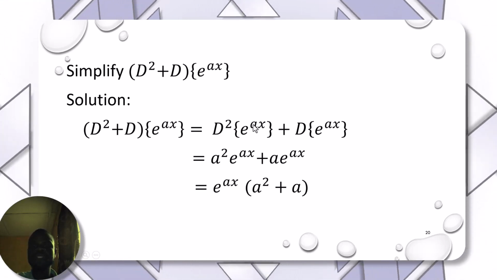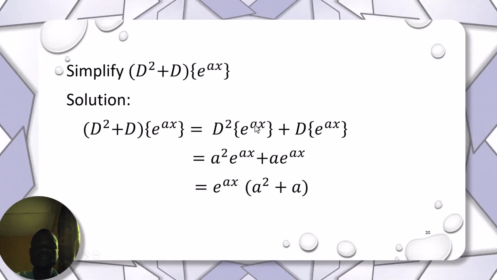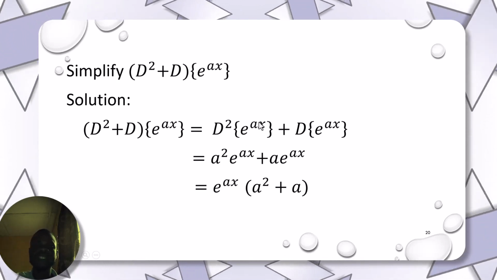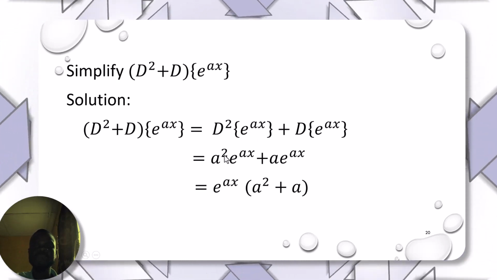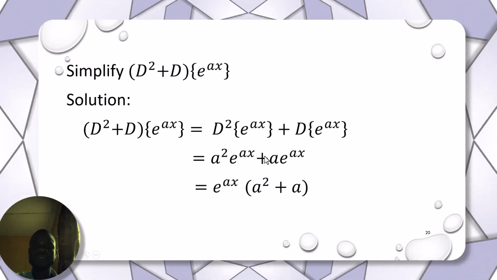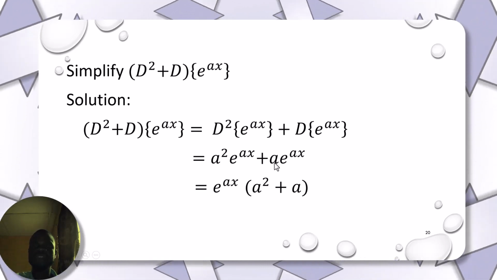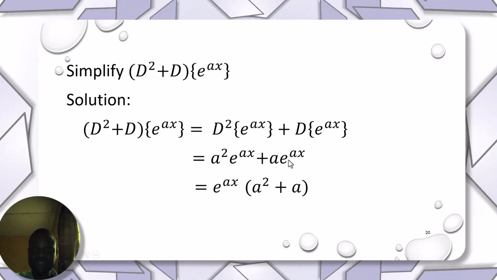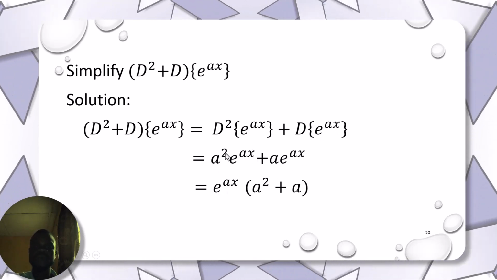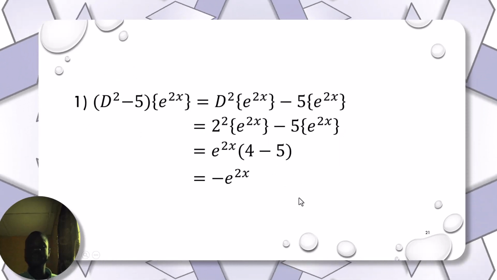If here was 3, I simply replace my D with 3. If here was 10, I simply replace my D with 10. So for this differentiation, I have a squared multiplied by the function, plus this one is just D to the power of 1, so I remove my D and replace it with a. The e to the power of ax is common, so I can bring it out, which gives me a squared plus a in brackets.